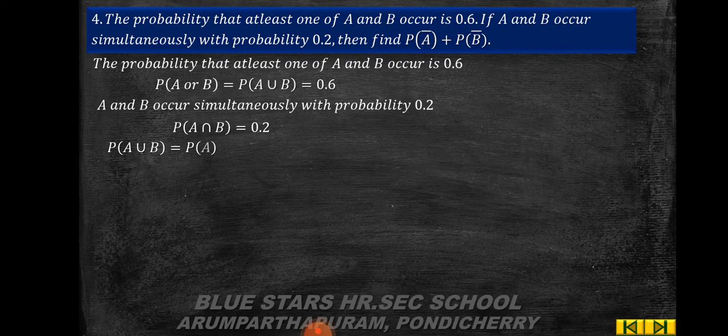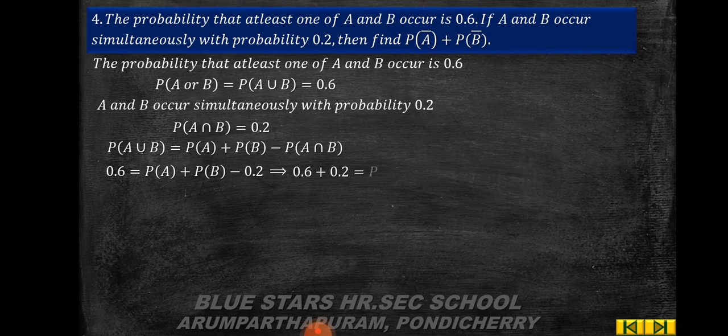Then you have to find P of A bar plus P of B bar. So P of A union B is equal to P of A plus P of B minus P of A intersection B. 0.6 is equal to P of A plus P of B minus 0.2, which implies 0.6 plus 0.2 is equal to P of A plus P of B. So P of A plus P of B is equal to 0.8.